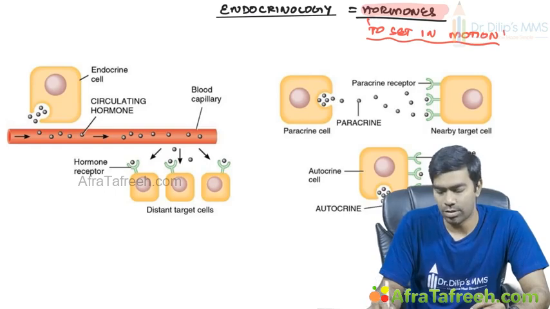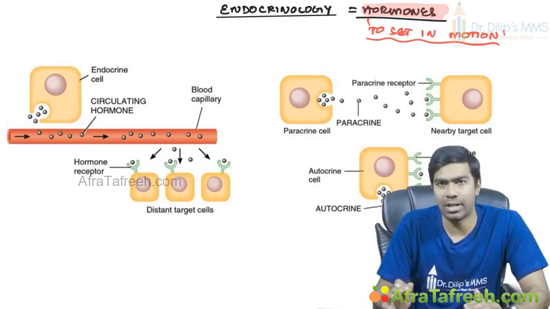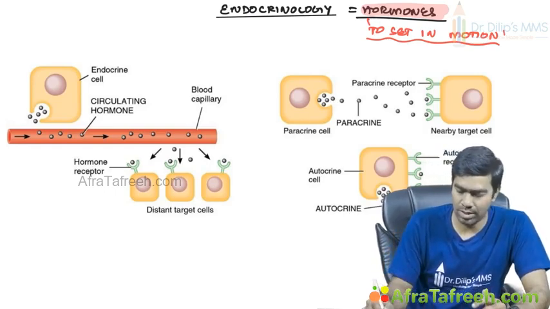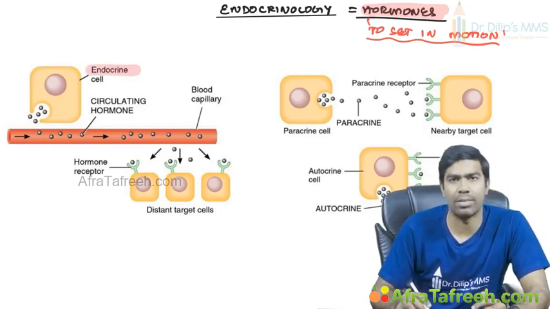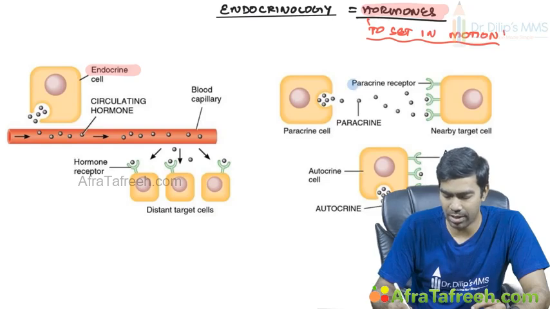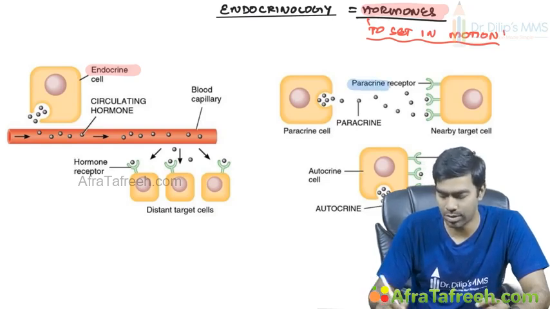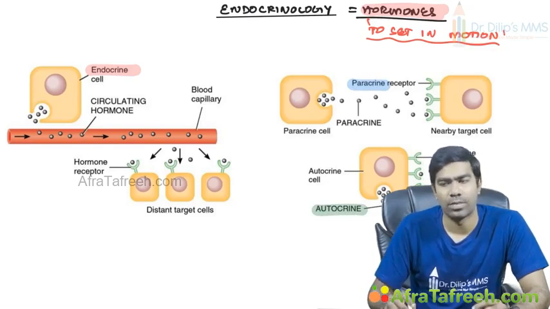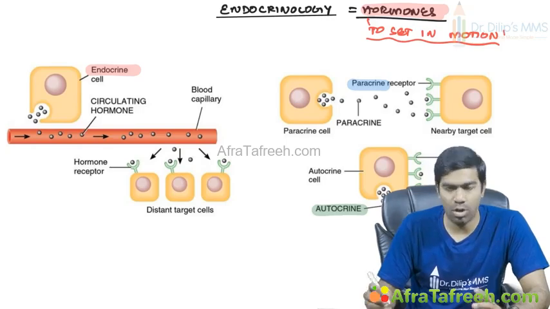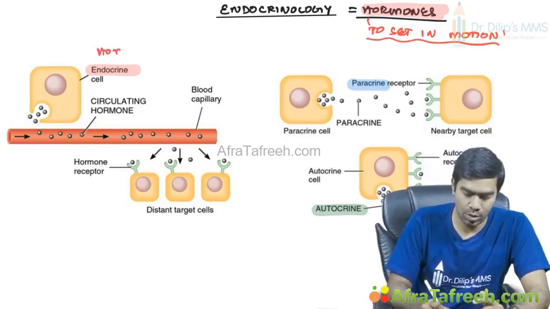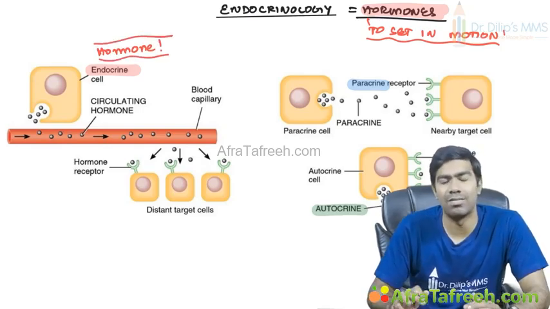Alright, so you have three basic signaling mechanisms in the body. One is the endocrine signaling mechanism, the second one is the paracrine signaling mechanism, and the third one is the autocrine signaling mechanism.